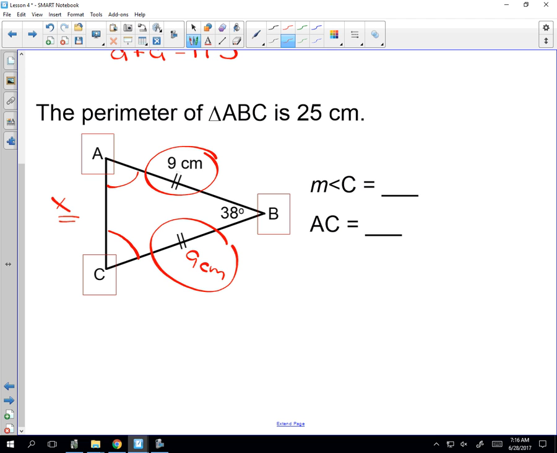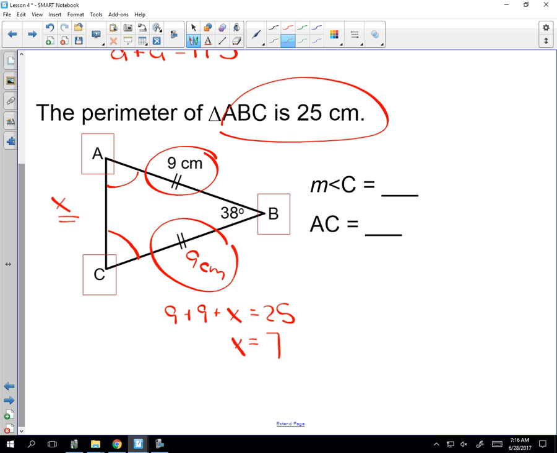So C and A are going to be the same measurement. We have our perimeter of 25 centimeters. Remember, perimeter is the distance all the way around a shape. So for our perimeter, we've got 9 plus 9 plus x equals 25, or 18 plus x equals 25. We subtract 18 from both sides, and we get x equals 7 centimeters.